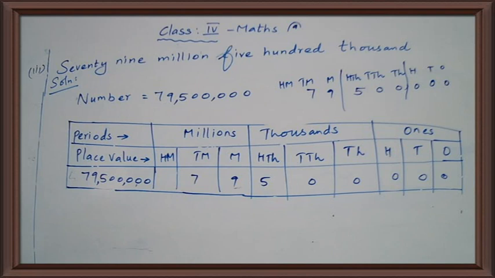Third one. Already 2 questions are done. Now third one. So your number is 79,500,000. You do the rough place value chart inside the rough work area. This is the rough work, children.